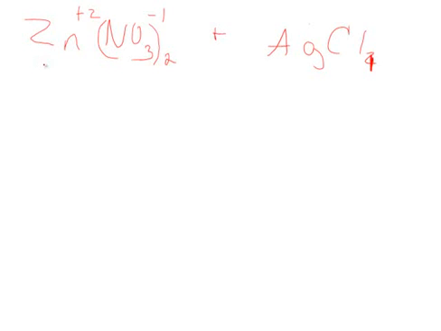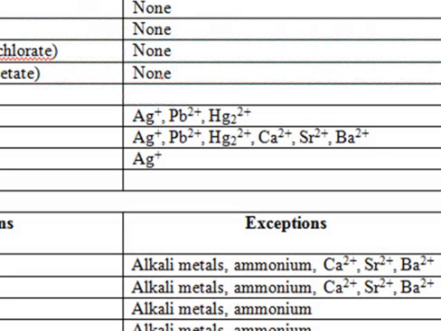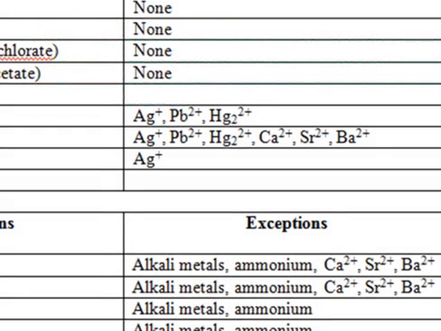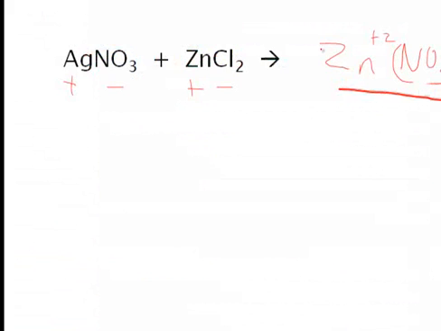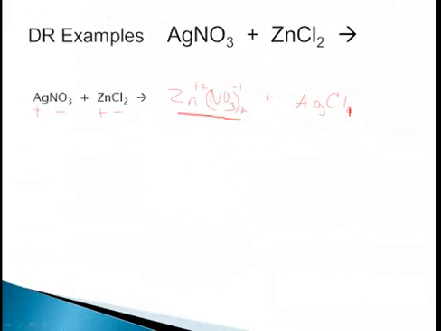So what I need to do is look up what's going to happen with zinc nitrate. Let's take a look at the solubility table. What I see here is that all nitrates, with no exception, are going to be soluble. So this is going to be aqueous. It's going to be in solution still. No indication of a product.